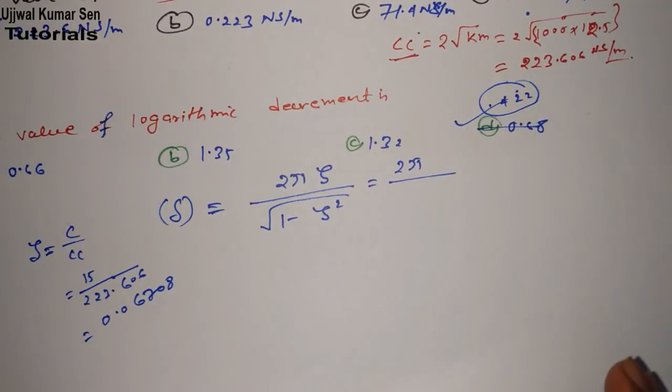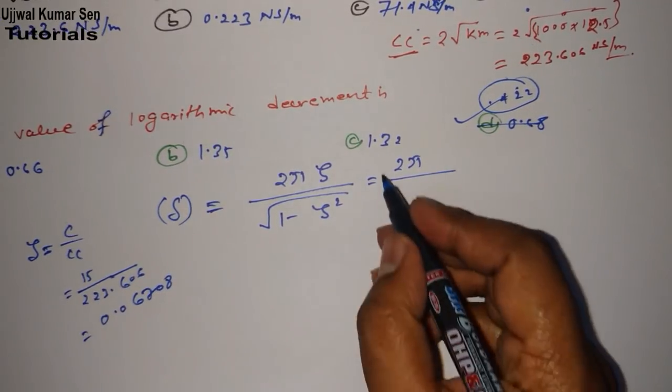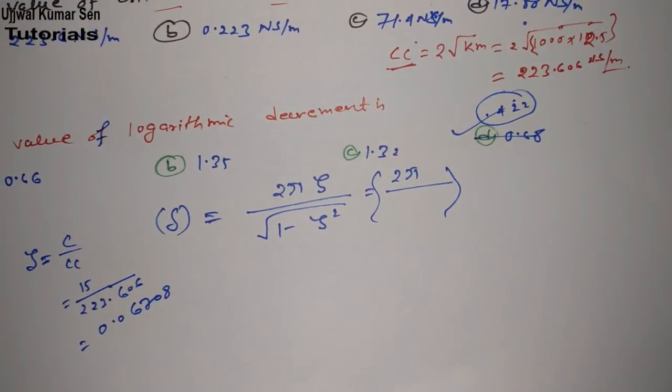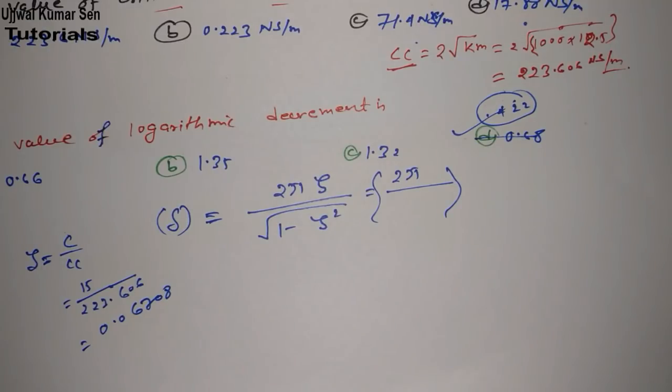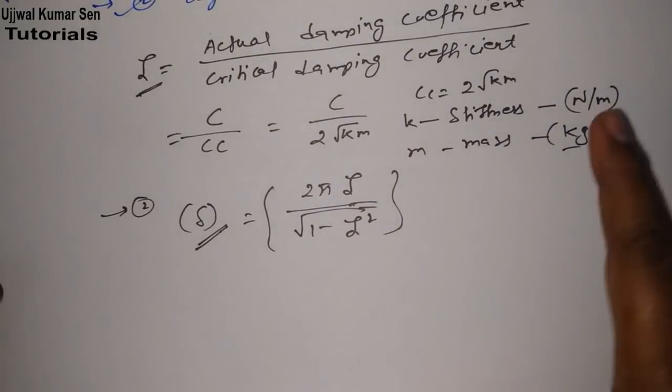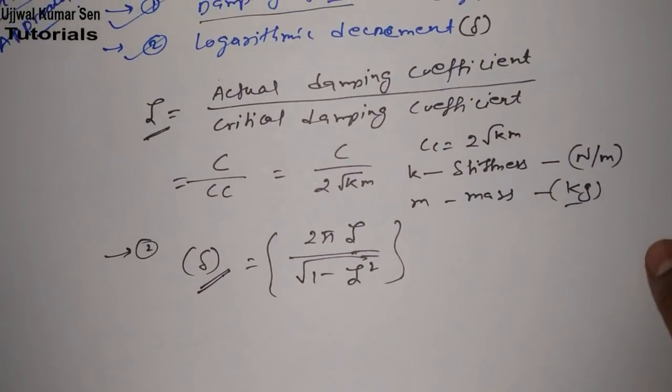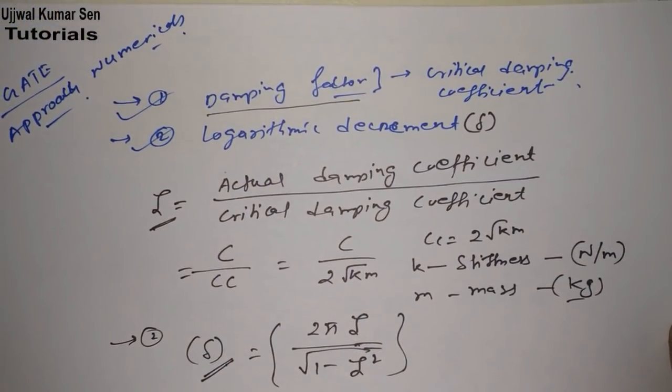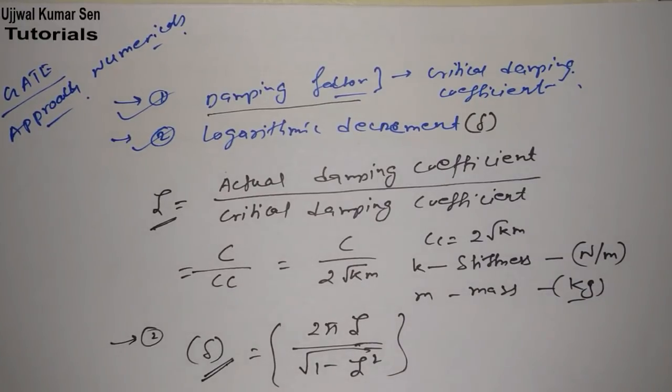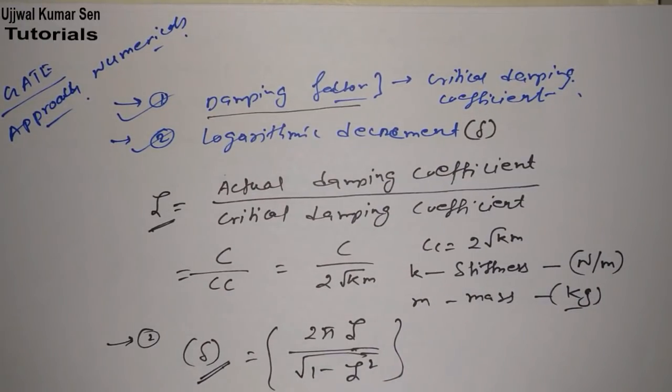This is how you can solve questions related to damping factor, damping coefficient as well as critical damping. I hope you understand this question. Let me talk for 2-3 minutes so that you understand the basic concept. The most important thing to solve numerical problems for GATE is the formula.